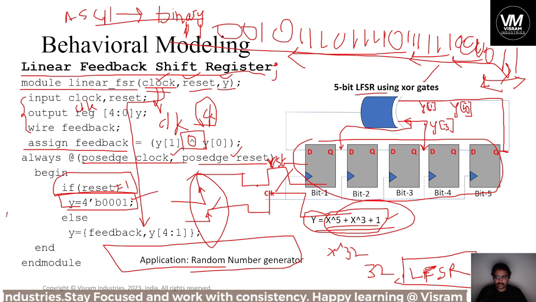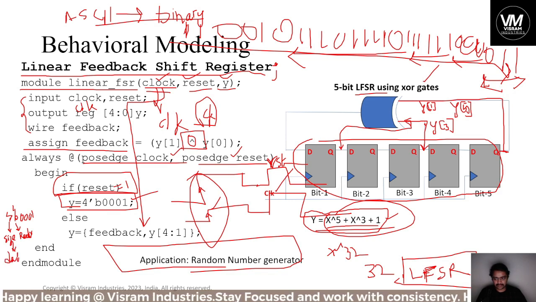You all know 4-bit binary 0 0 1: 4 is the size, B is the radix, the size of data, size of value. What is the radix? Binary. I can take H as well, hexadecimal.